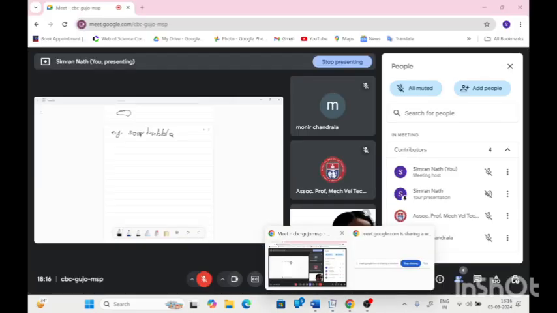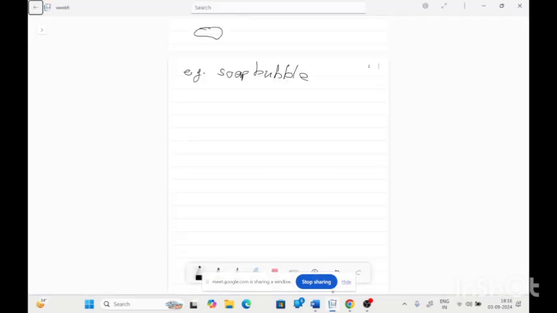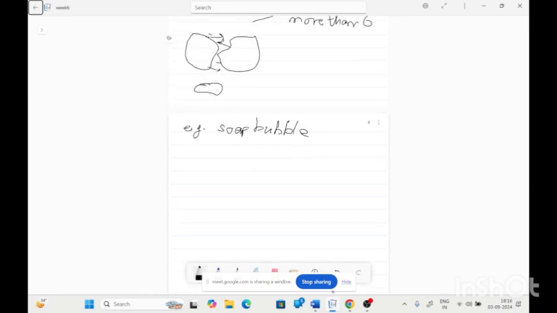Like the soap bubble growth, we see that some bubbles expand by the consumption of small bubbles.